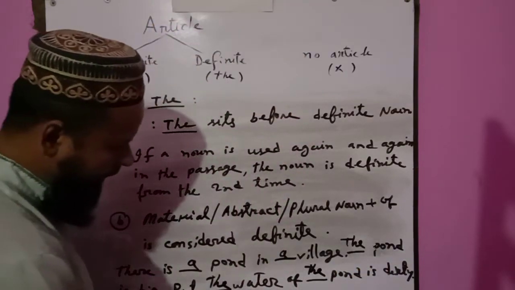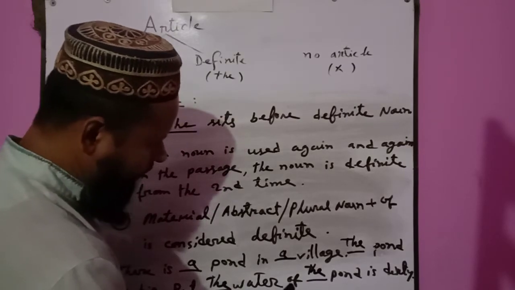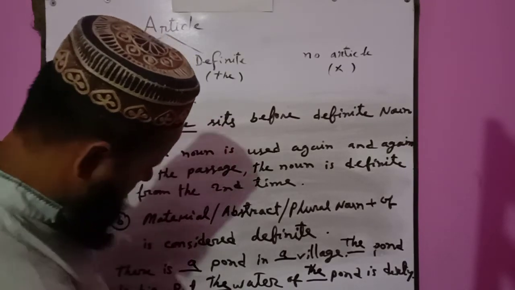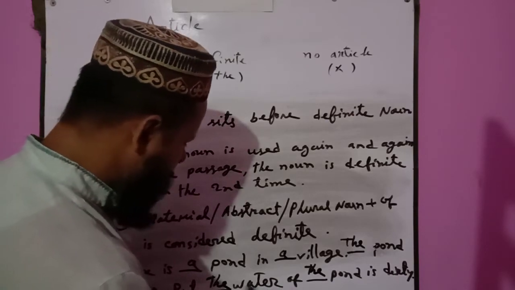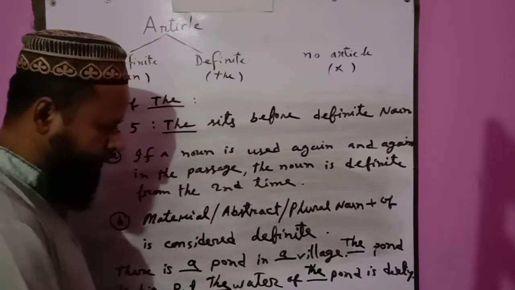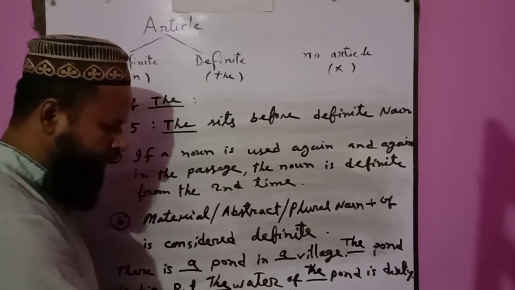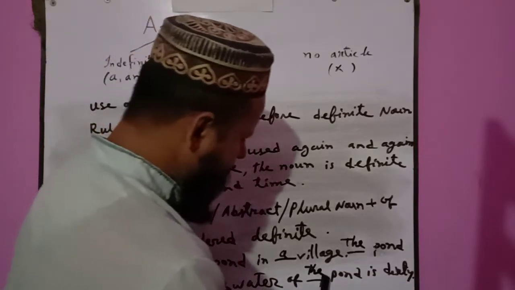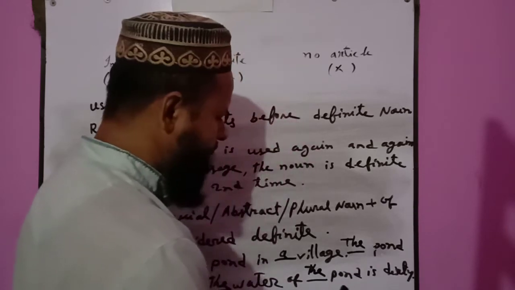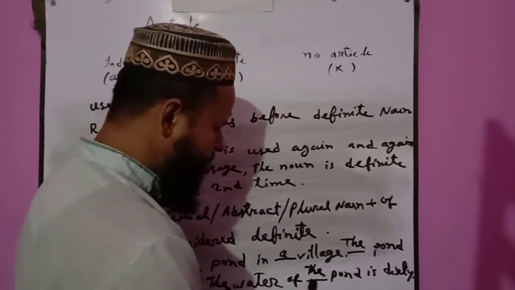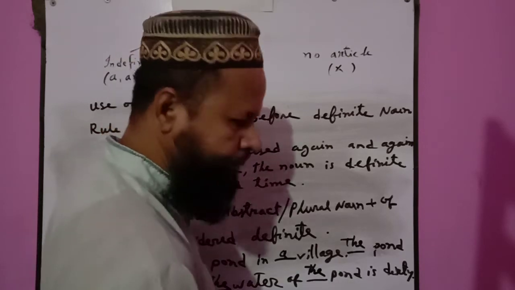And material plus of. Material plus of is definite. Water of. So we use the before water as it is definite. Similarly, pond comes for the third time. It is also definite. So we use the before pond.